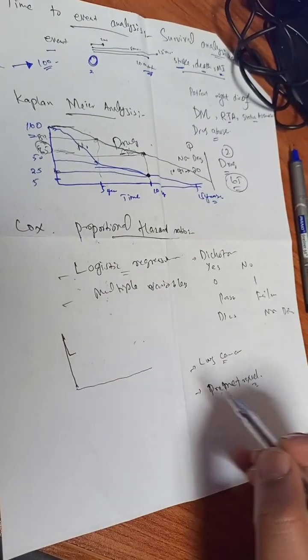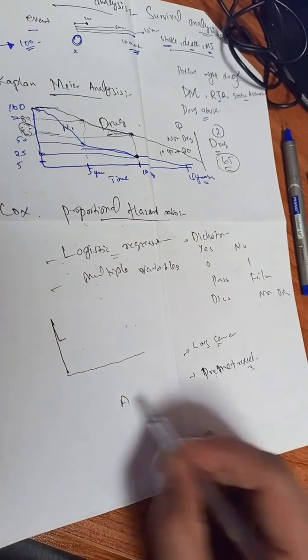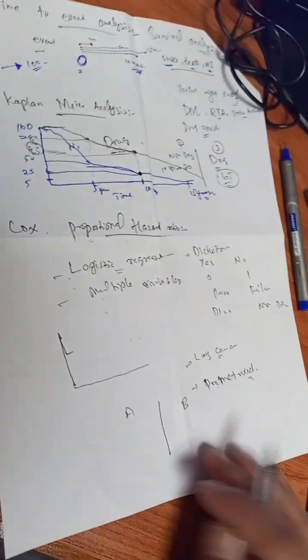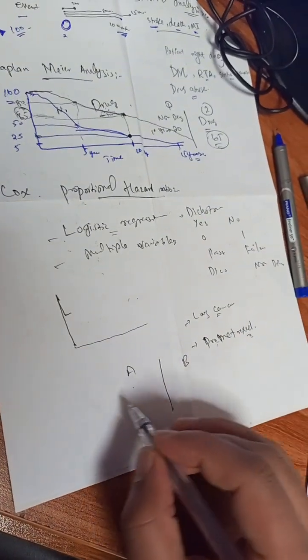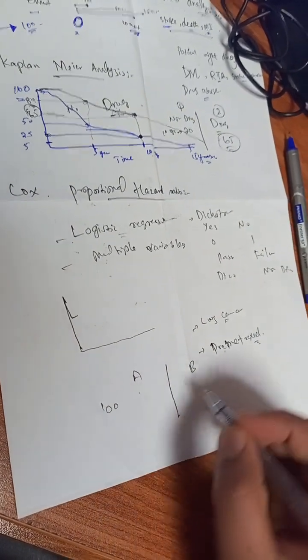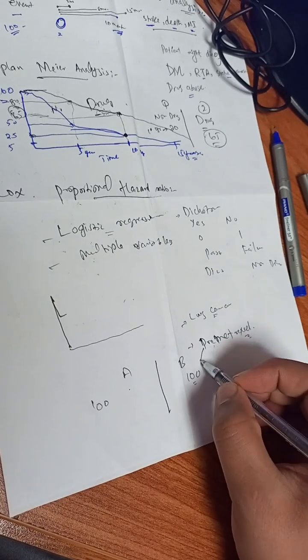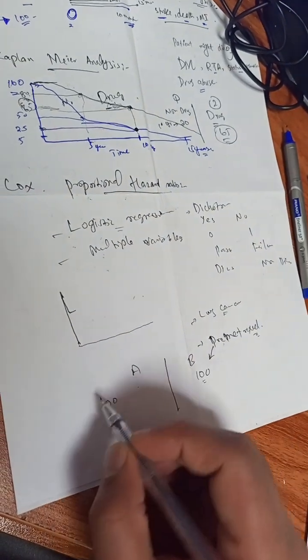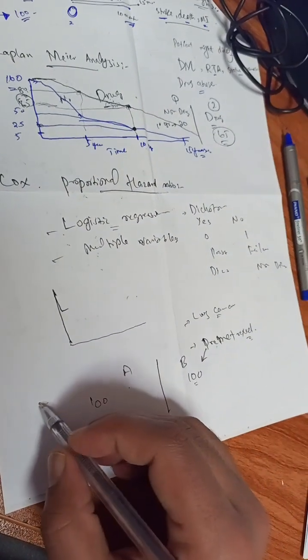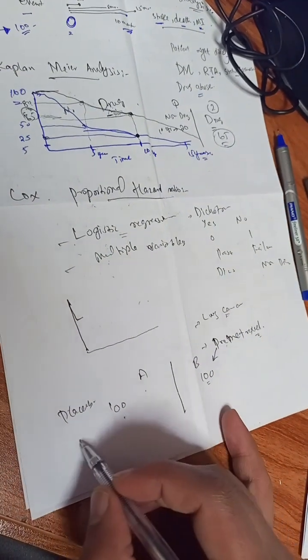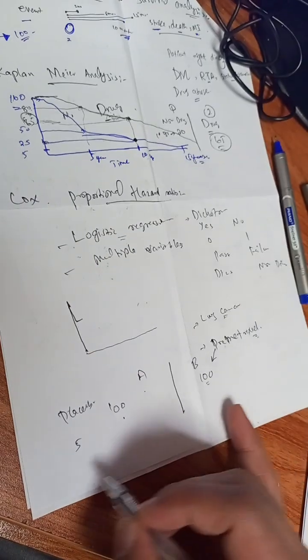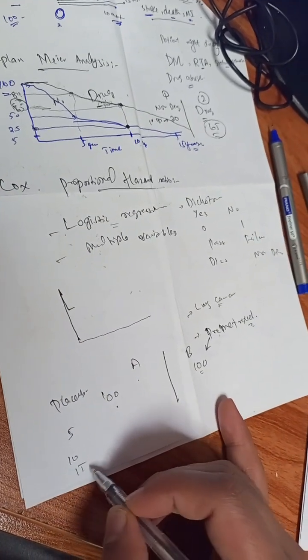So if we take two groups, group A and group B, with 100 patients in each, in group B we have given Pemetrexed, and in group A we have given a placebo. Now we will analyze them at 5 years, at 10 years, and at 15 years.